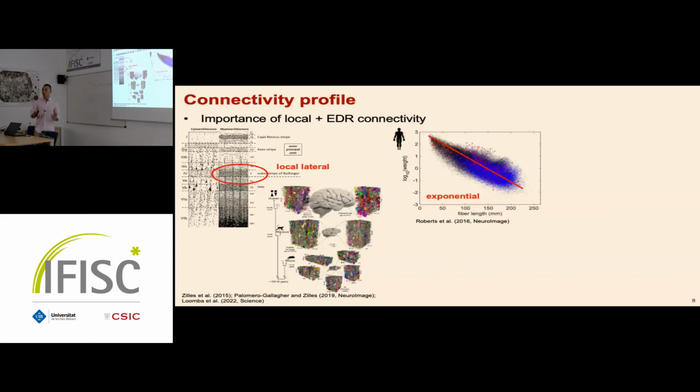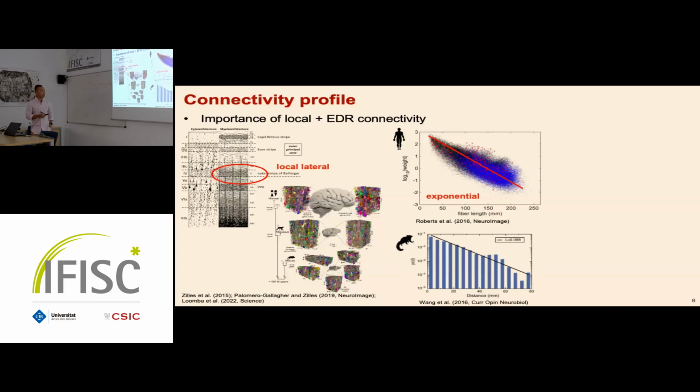And again, this is true not just in humans, it's true in other species, say a marmoset. And it's true not just in diffusion MRI. For example, in this marmoset, this is obtained via tract tracing. You inject a viral tracer and then you follow the tract to get to the location. The assumption is that tract tracing is a more accurate representation of connectivity than diffusion MRI.